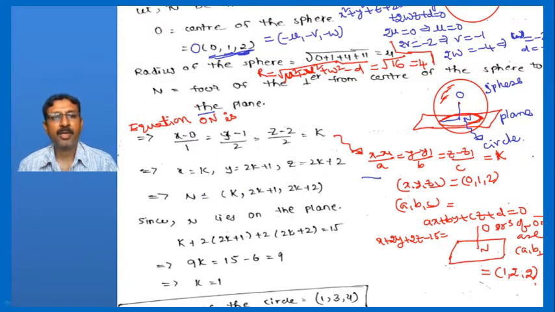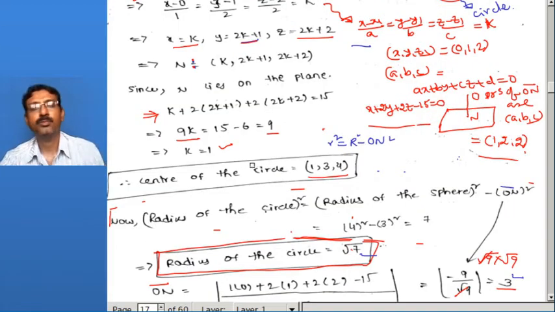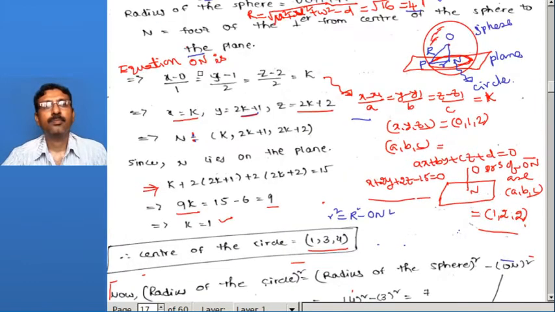Here I have taken N, capital N, the center of the circle, with x coordinate x equal to k, y coordinate 2k plus 1, z coordinate 2k plus 2. Let N be taken as (k, 2k plus 1, 2k plus 2). These are the values x, y, z here.